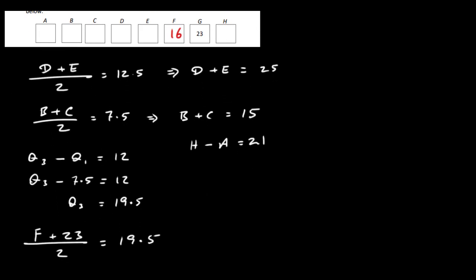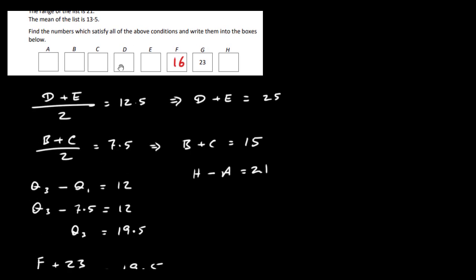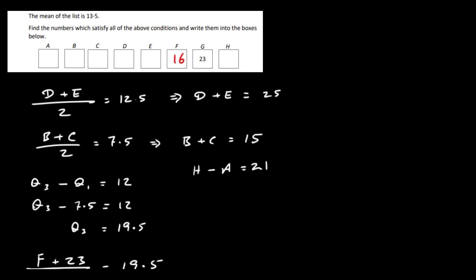That means if we add all of these up and divide by 8, we get 13.5. So if we take 13.5 multiplied by 8, that'll give us all the numbers added. 13.5 multiplied by 8 is 108. So this is equal to the total, all added if you like.